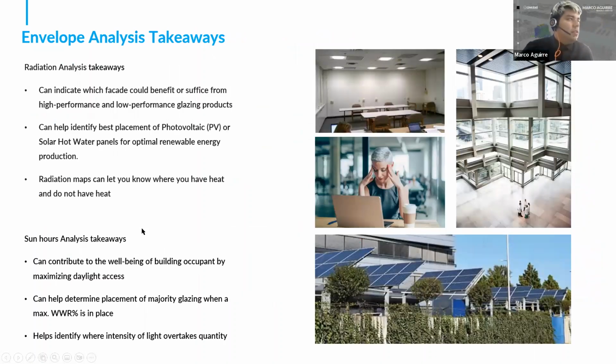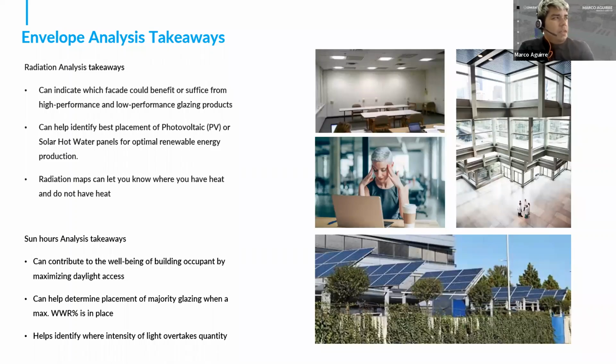I just mentioned a couple of takeaways, but radiation can also help pinpoint what kind of performance and products we want to select for the building. If we have a lot of really bad radiation in parts of the building, we want to improve the performance of the glazing, increase the insulation on certain products, or take advantage of the thermal massing properties of different elements.